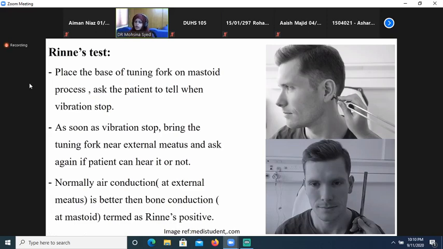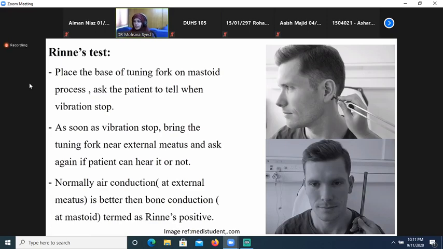Normally, air conduction is checked at the external meatus and bone conduction is checked at the mastoid process. In normal hearing, the air conduction should be better than the bone conduction. This is known as Rinne positive. Any normal person will tell air conduction is better than bone conduction. So when you put the vibrating tuning fork at the mastoid, the patient will tell you when the vibration stops.